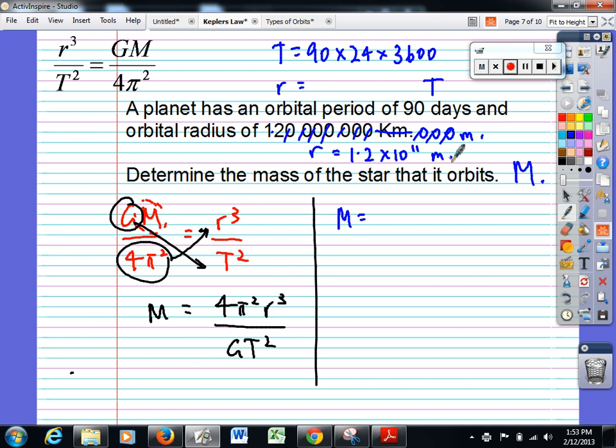Shoving in the values, it's 4 pi squared times 1.2 by 10 to the 11 cubed, all over 6.67 by 10 to the minus 11 times whatever that thing up there is, 90 times 24, I'm going to just put a question mark, and that is squared.